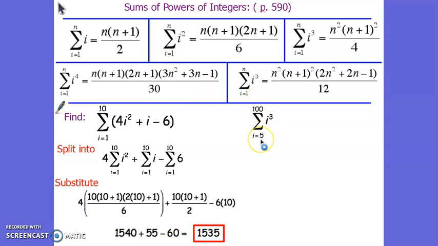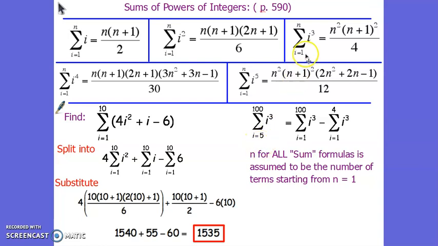If it says we're starting at 5, going to 100, if I add up all of the terms using my formula, it's going to assume that I had terms 1, 2, 3, and 4, as well as terms 5 through 100. Well, the easy way to do that is let's break this into two pieces. Let's think about those terms from 1 to 100, but then let's subtract off the 1 through 4, the 4 terms that we didn't want.